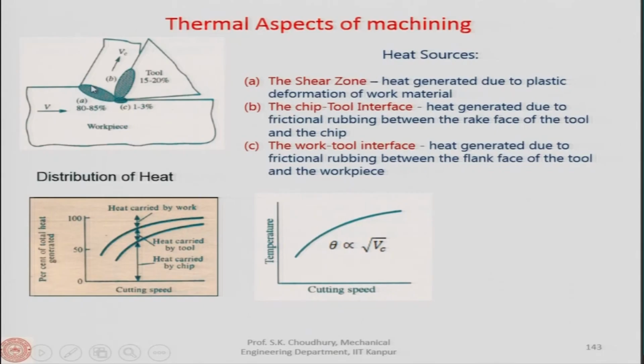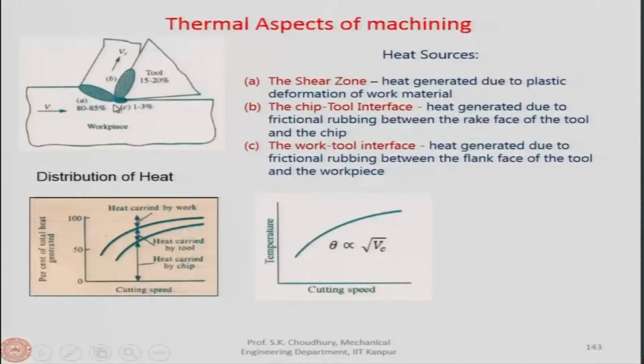Because of the plastic deformation, a lot of heat is produced, and in this shear zone almost 80 to 85% heat is produced. So, you should understand that plastic deformation is the basic factor why the temperature occurs.